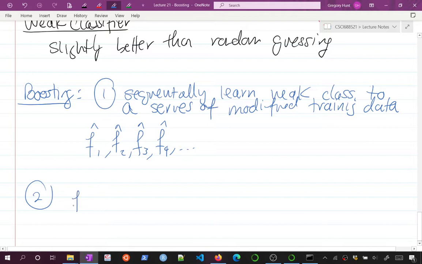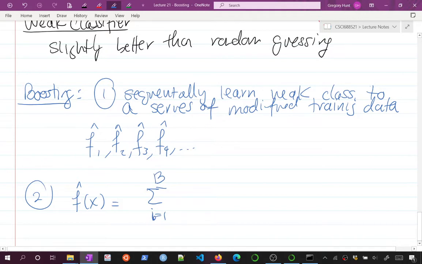And then our final boosted classifier is going to be basically an ensemble, a weighted version of the original classifiers. So I'm going to sum i goes 1 to, let's say we have M classifiers. Let's say B for boosted.